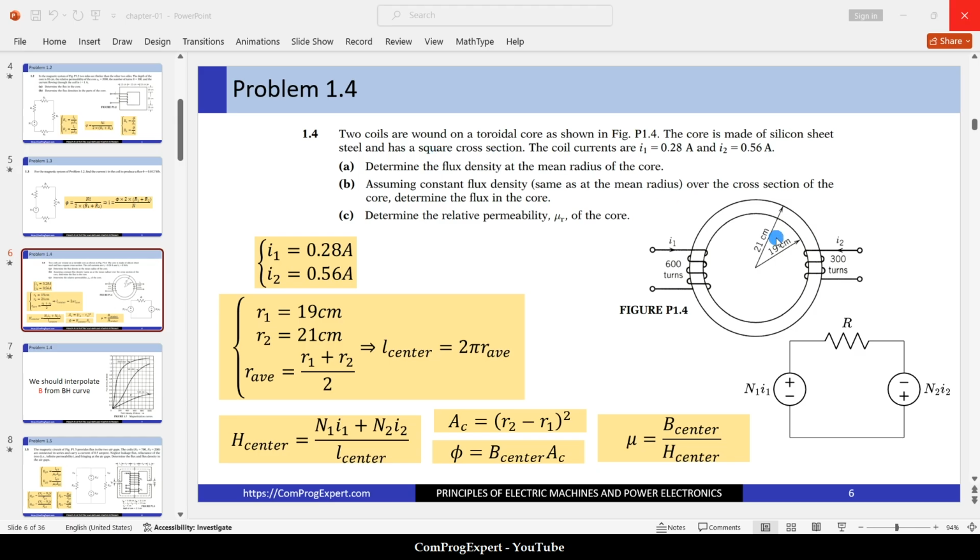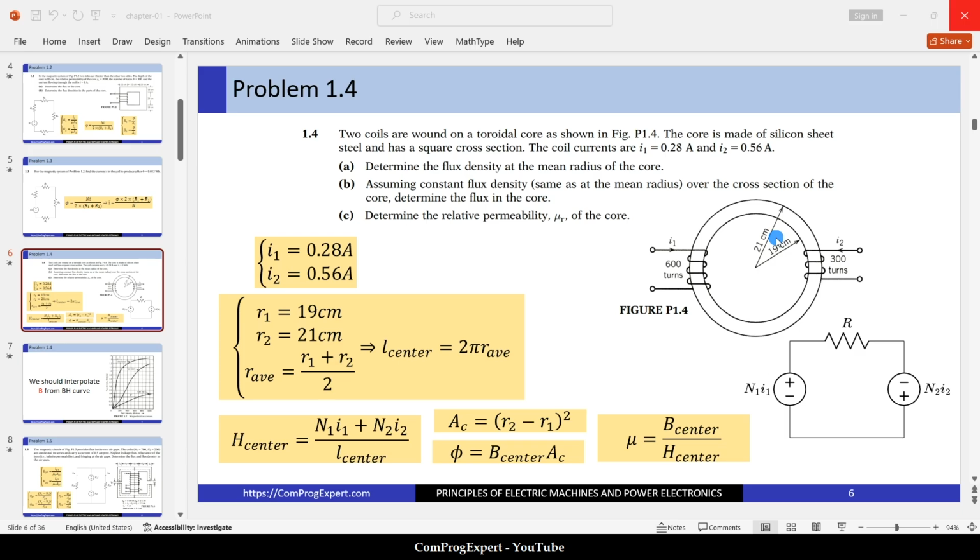So the cross section of this iron core is a square. This is important. If the cross section is not a square, we cannot use two-dimensional finite element method properly. So we need to use three-dimensional FEM. But in this case, like the previous problem, we can use two-dimensional finite element method and solve this problem.